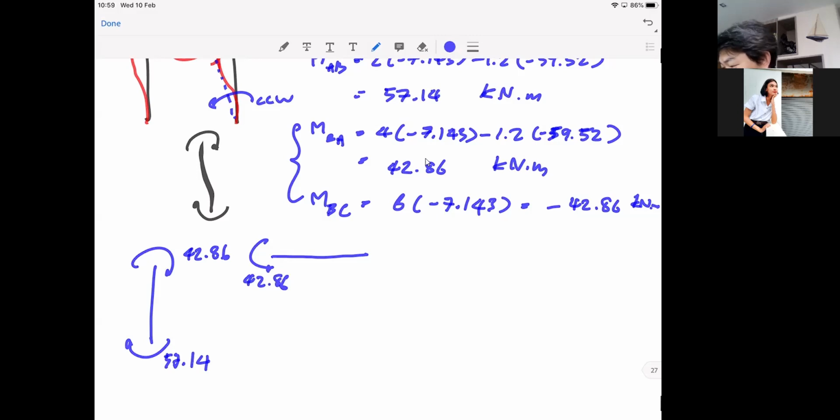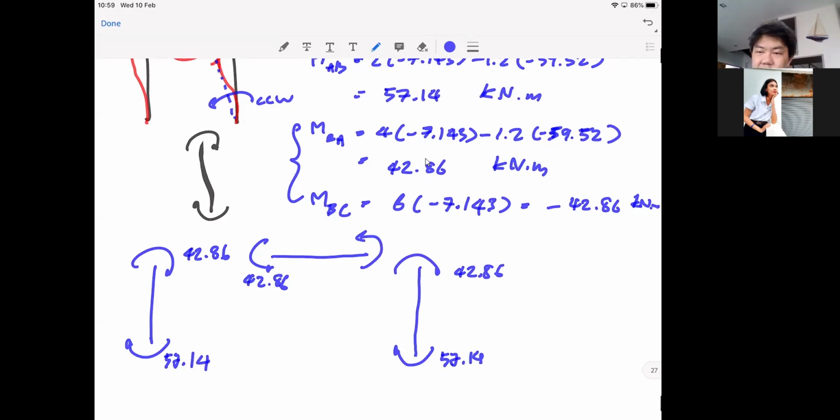Okay, and here should be the same, 57.14, 42.86. There we have it. Okay, so you can use this to solve your shear and your axial and everything. Okay, is there any question?